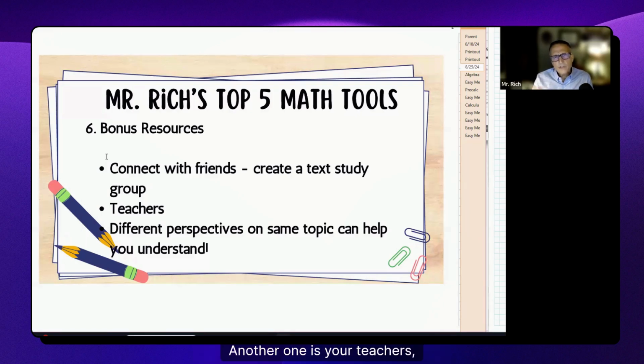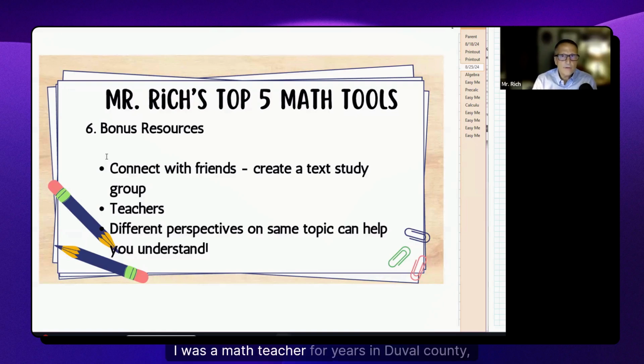Another one is your teachers, obviously, but don't forget that sometimes you could go to a teacher other than the teacher who's teaching the course you're taking. Suppose you're in Algebra 2 and you want a different perspective on how to work a problem. Go to one of the other Algebra 2 teachers right before school or after school, and I'm sure, most of the time, they'd be happy to help you. Also, don't be afraid to ask teachers of other topics.